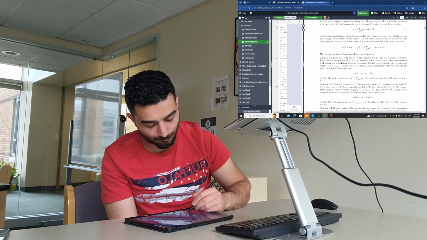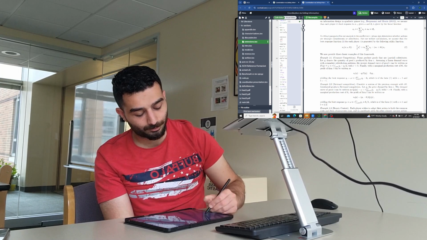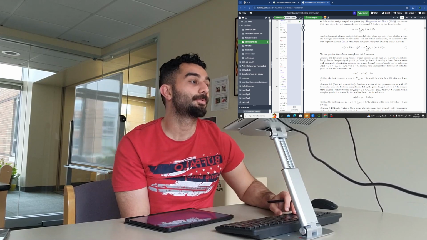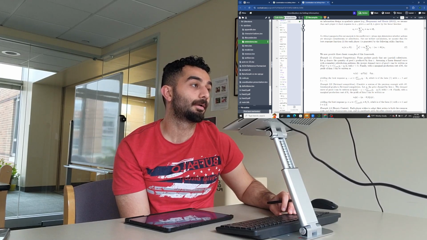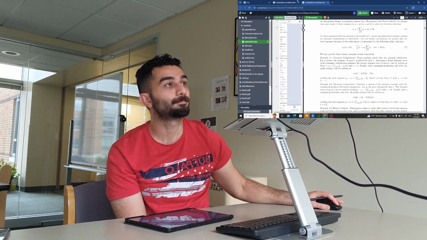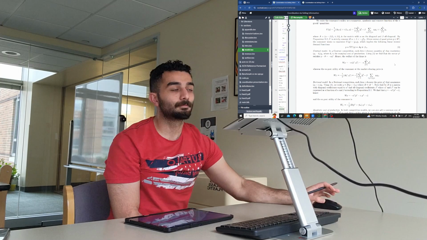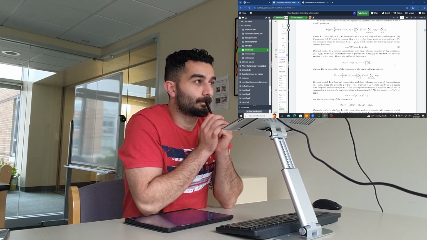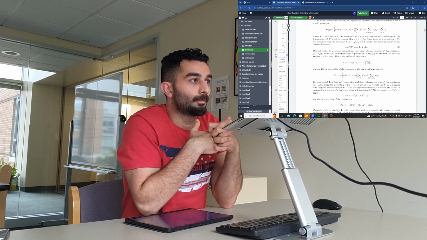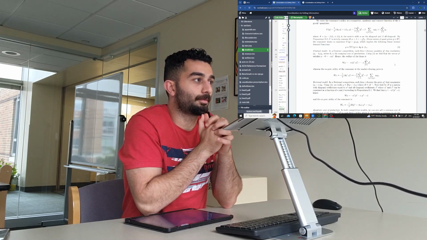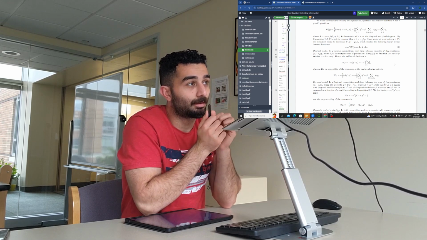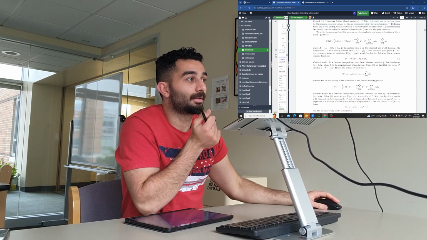I don't know, where is this q star coming from? Q star. Margin because we're using 3, we find that the vector is. What q star? There is no q star.